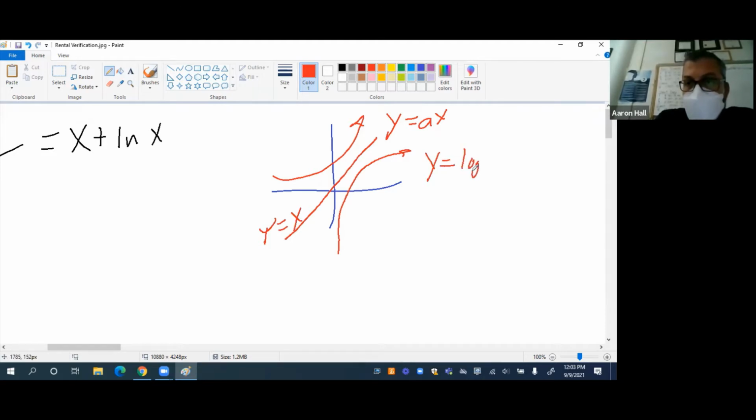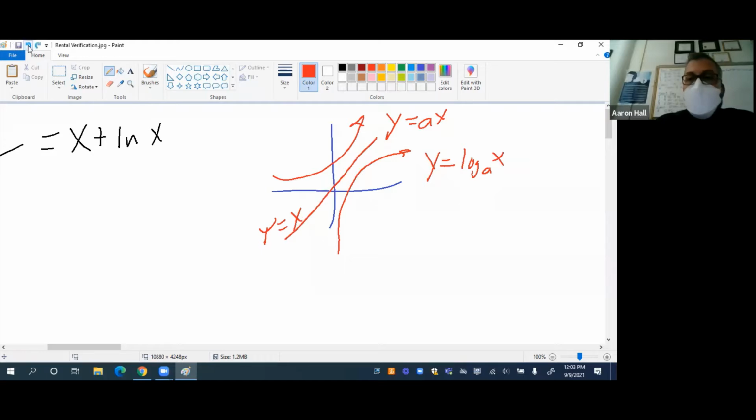Log base a. These are inverses, so they should undo each other, which means if I take this value and plug it in here, or take this value and plug it in here, I should just get x.